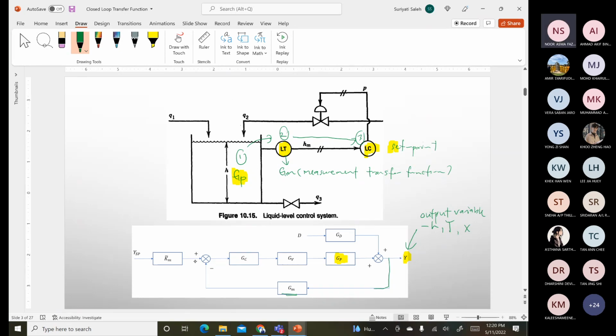So that's why you have the comparator over here. This one is what we call the comparator. In this case, YSP represents your set point value.